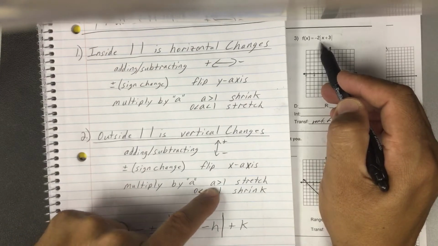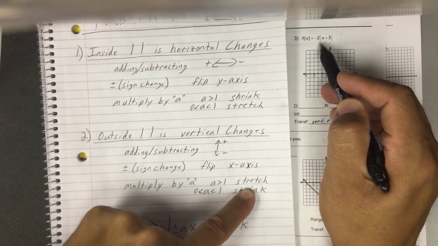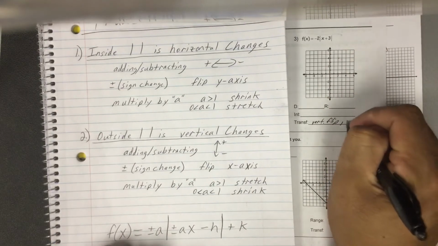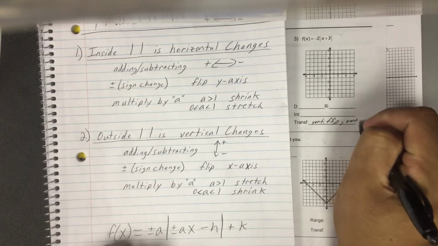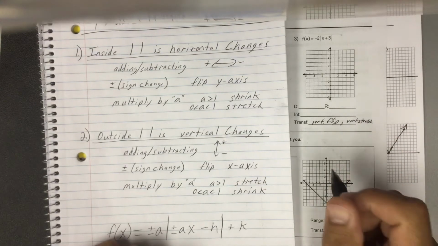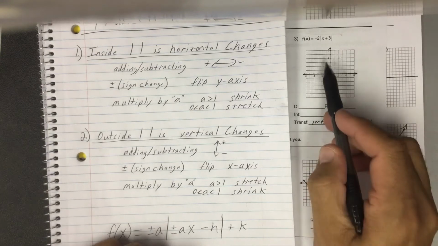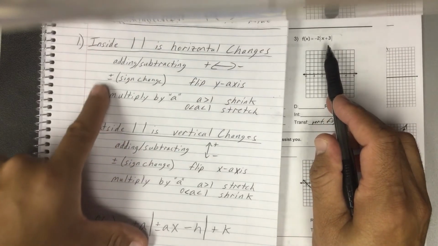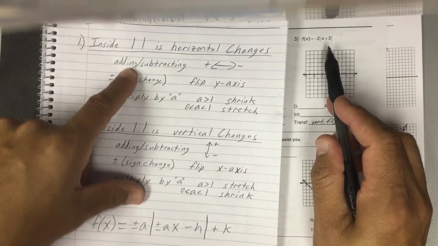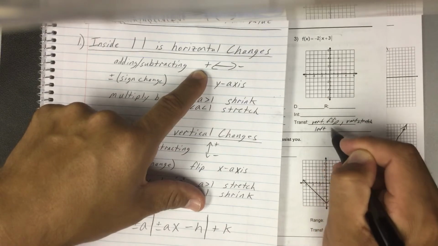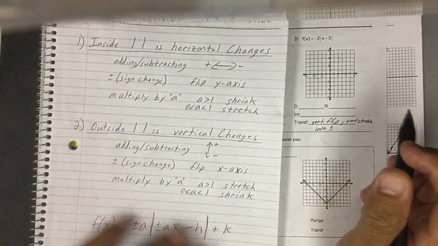And 2 is bigger than 1, so this is a stretch, a vertical stretch. Okay, and then I still have this +3 on the inside. So it's on the inside, and I'm adding. Plus goes to the left, so it's left 3.